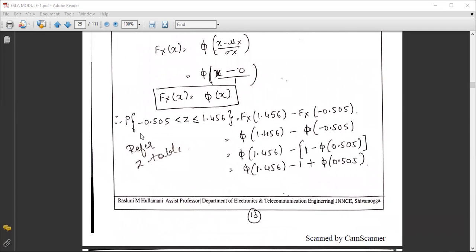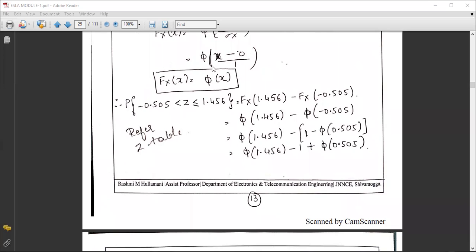Therefore, we have to find the probability of minus 0.505 less than z less than or equal to 1.456. We already proved that the probability of x1 less than or equal to x2 is capital F of x2 minus F of x1.